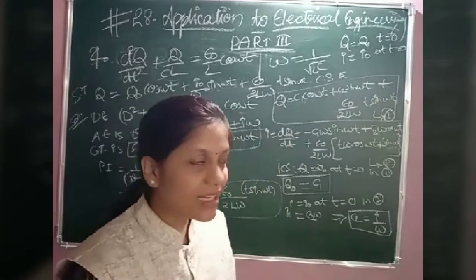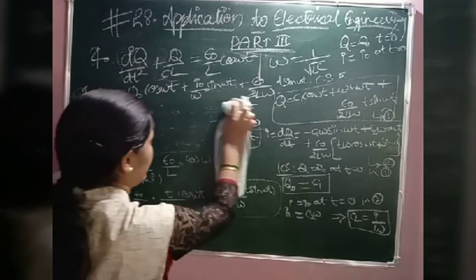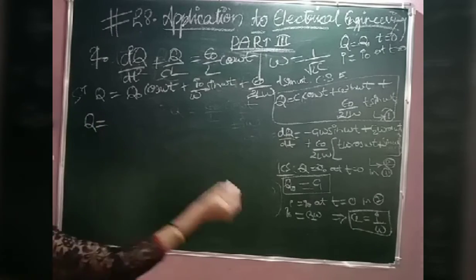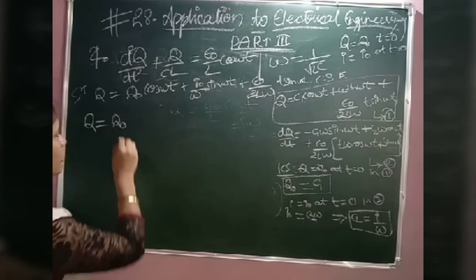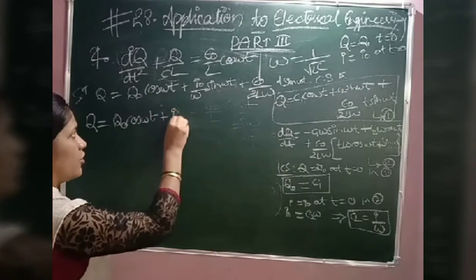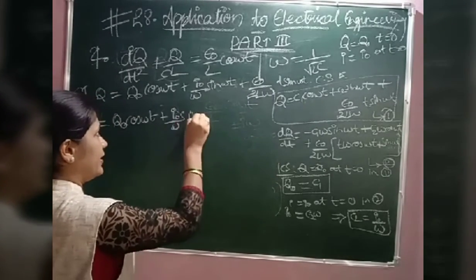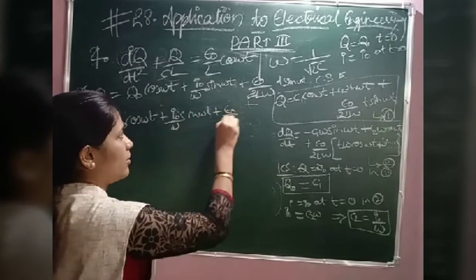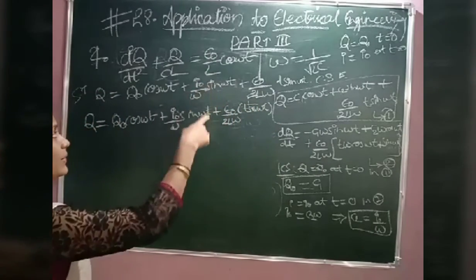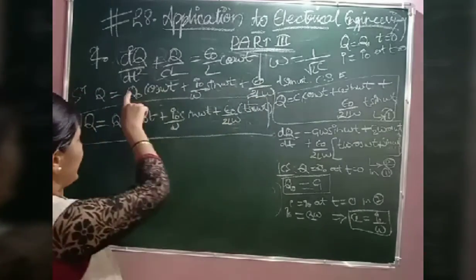Now let us substitute C₁ and C₂ in our equation 1. So Q equals, what is C₁? Q₀ cos ωt, plus C₂, which is nothing but I₀ by ω, sin ωt, plus E₀/(2Lω) t sin ωt, which is completely the same as the answer in the given question, right?